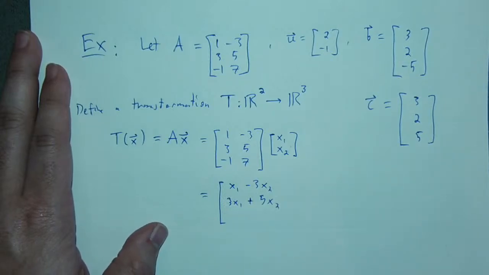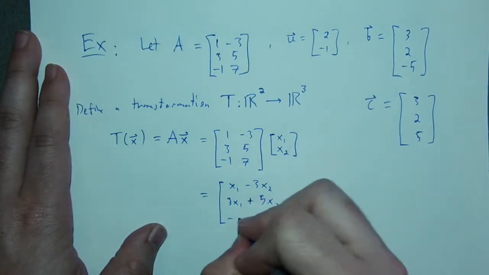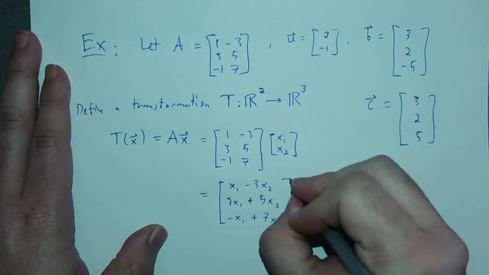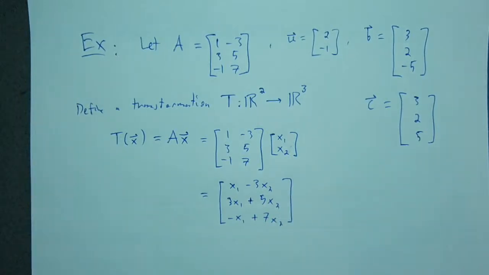And in the last entry, this would be minus x sub 1 plus 7 x sub 2. Right? Okay, there's my transformation. And so if I want to know how this thing acts on a vector that has entries x sub 1 and x sub 2, I put in this vector, x sub 1, x sub 2, and it spits out a vector in R3 that has these 3 entries, defined in this way.